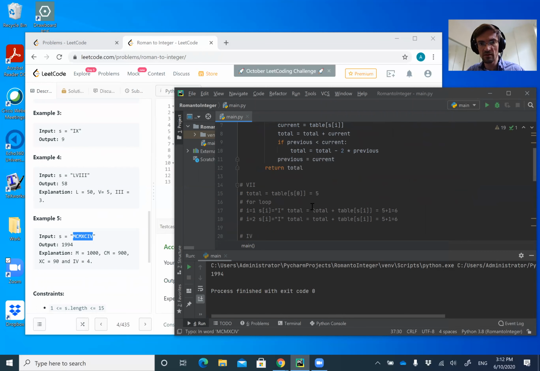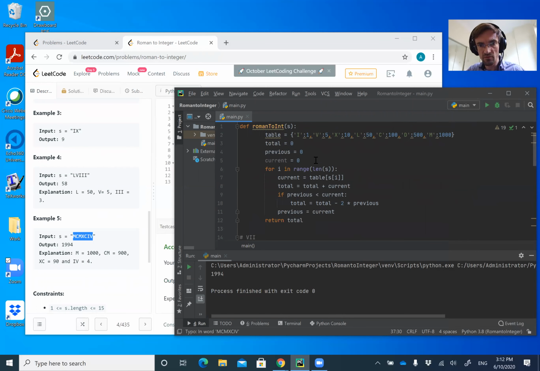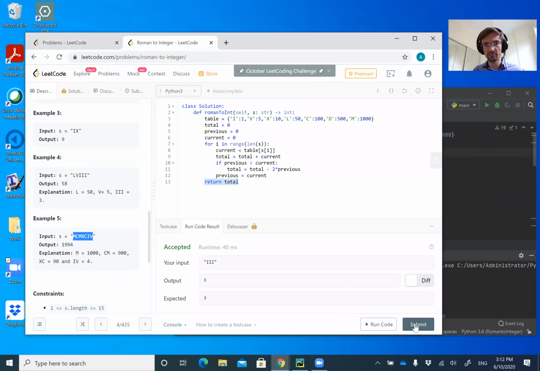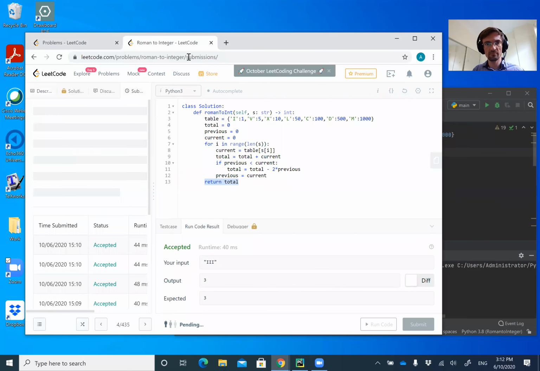That does seem to work as well. Maybe it is a little bit faster because the variables are outside. Let's try to run that.